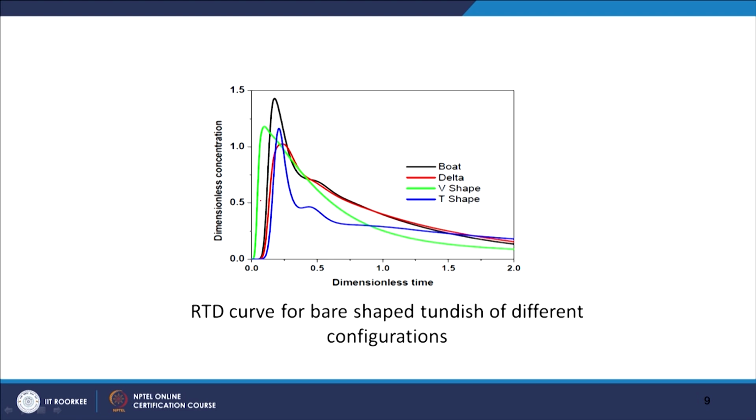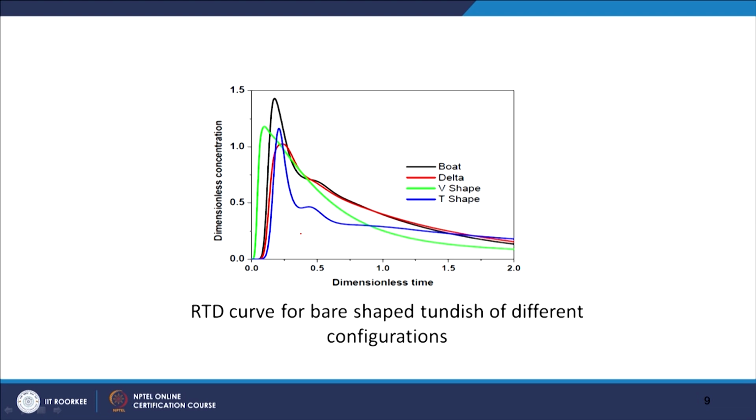That was also seen if you refer to the velocity vector, where the velocity is quite high, and in that case the tracer reaches the Tundish outlet early, as indicated by this line. Then the values come slowly and are smaller on this side.